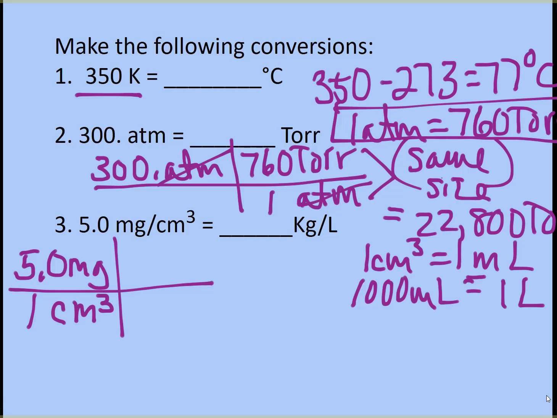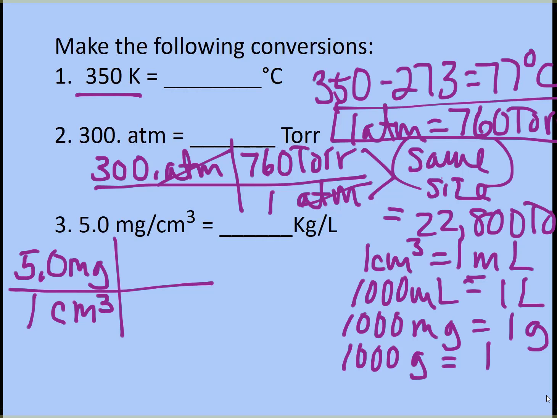Then let's look at our grams. I know that 1,000 milligrams is equal to 1 gram. And I know that 1,000 grams is equal to 1 kilogram. So those are all the units I'm going to be using.